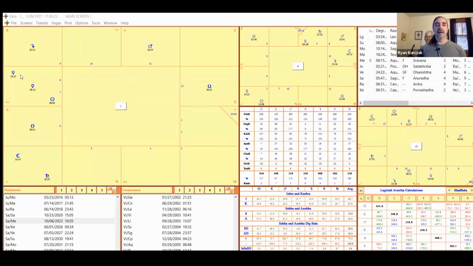Why is that? Because from the ascendant, the 10th house is Taurus, which is ruled over by Venus. And then the 10th from the 10th, we have Venus in that sign.